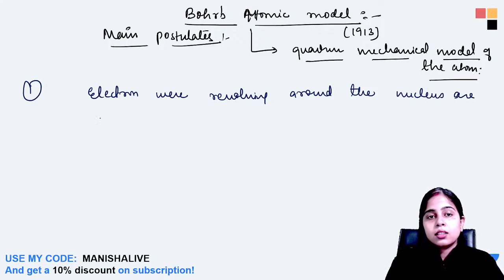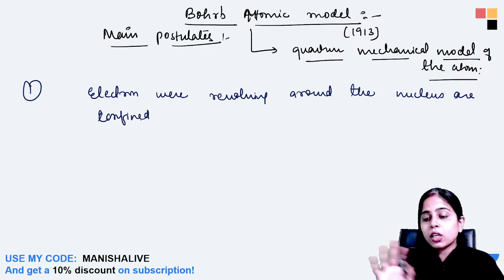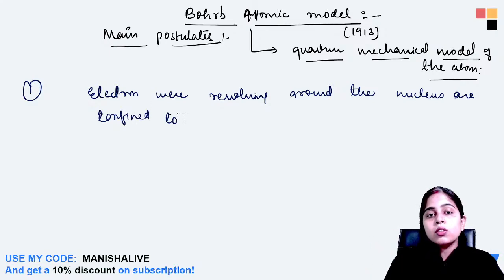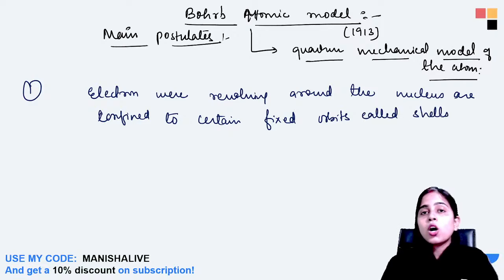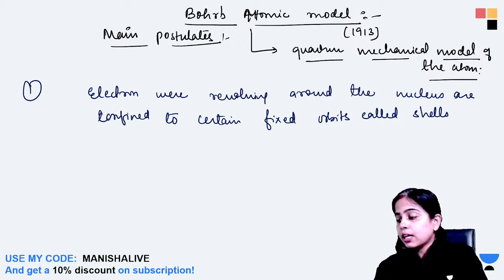They were not allowed to change their orbits or shells. Okay, understood, everyone?